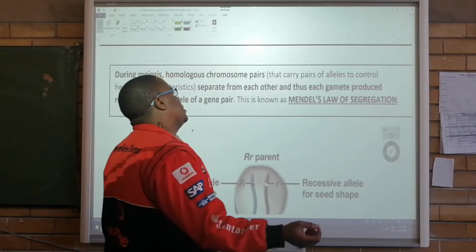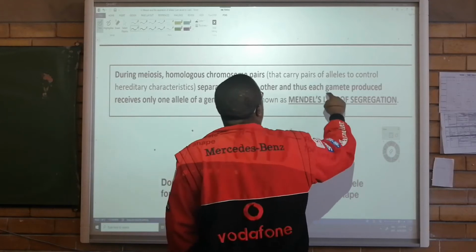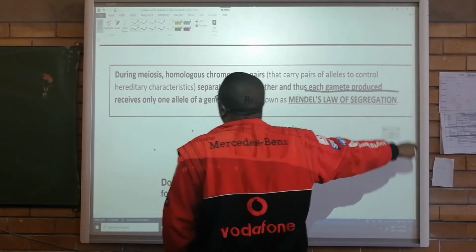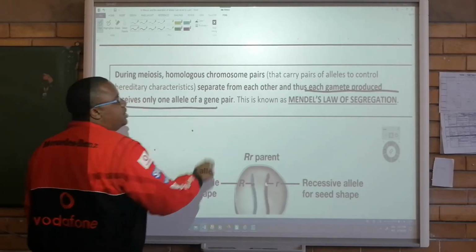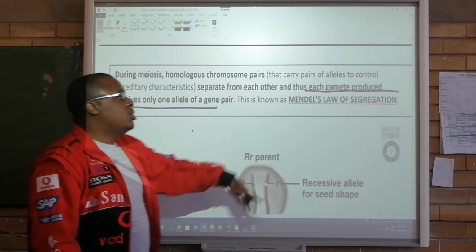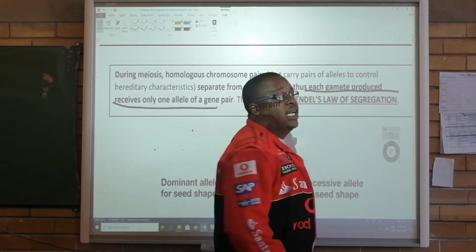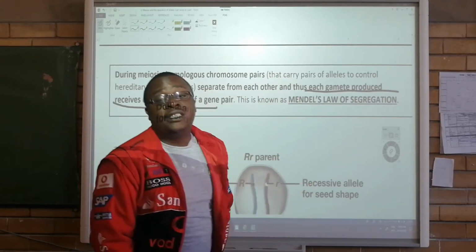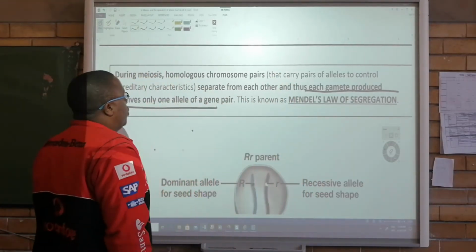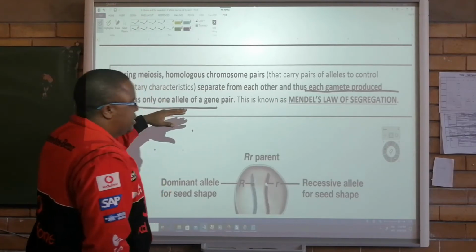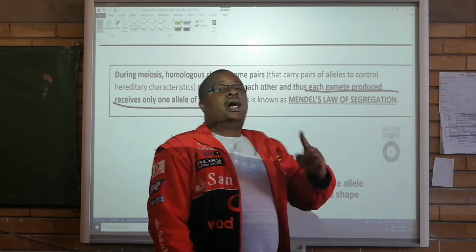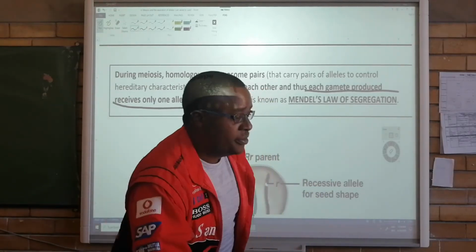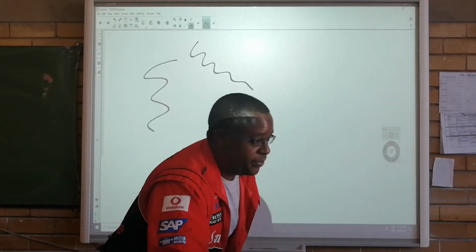Now, when this happens, it means that each gamete that is produced receives only one allele of a gene pair, and this is known as Mendel's law of segregation. Segregation is a fancy way of saying separation. So basically, that's Mendel's law of segregation. I hope you got that. Right. Walk with me.